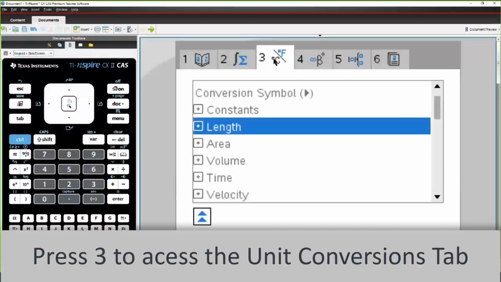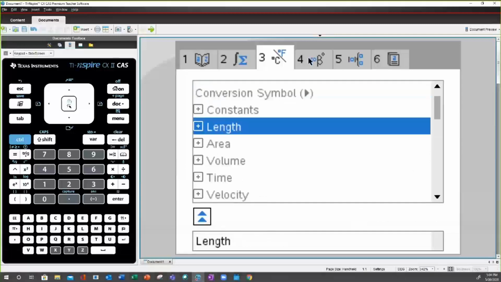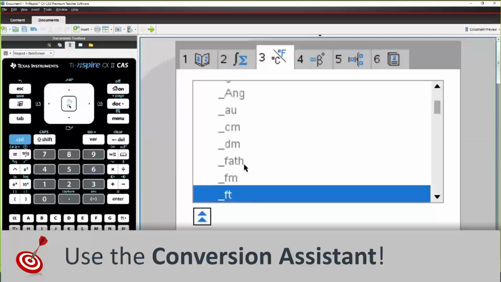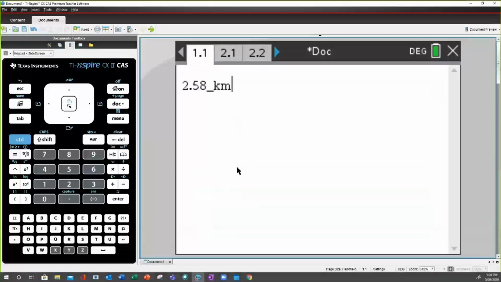I've already selected it, as I've already been playing with this tab. But you'll have various other tabs in the catalog menu option. Here, because we're doing kilometers, we're going to select length, and go down and find kilometers. There it is, and we click that, and it gives us that.